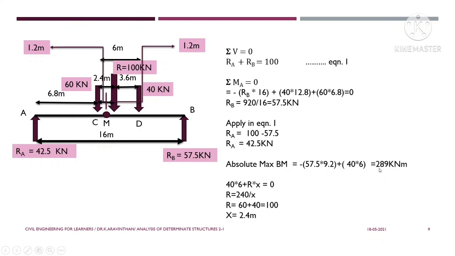So by taking this, you can design your bridge girder, and the loads will not go beyond this value. This is the way to find absolute maximum bending moment. Note that the maximum bending moment is found only for a particular point, and the absolute maximum bending moment is for any point in a girder.